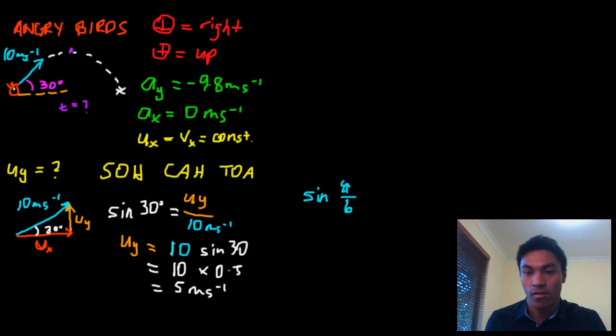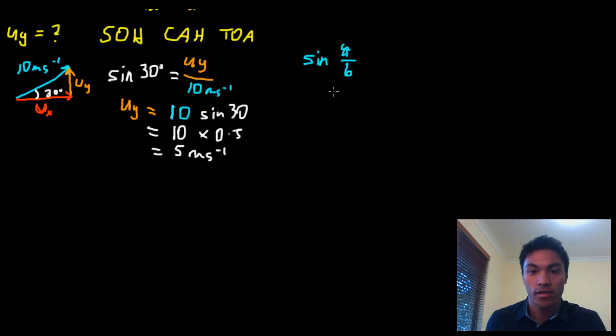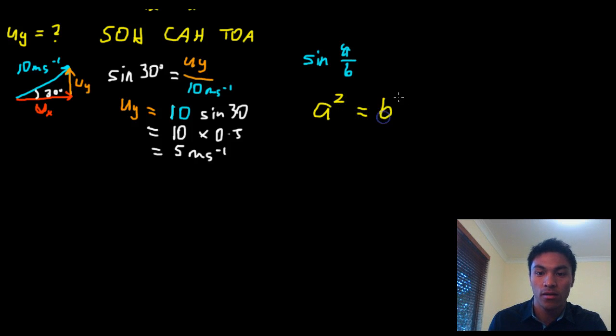Awesome. Right, now let's have a look. Let's go down a little bit more here so that you won't get in the way of my video. Let's have a look now at the horizontal direction. In the horizontal direction, we can just simply use our Pythagorean theorem. It just makes it easier. So the resultant vector squared should equal both the components squared.